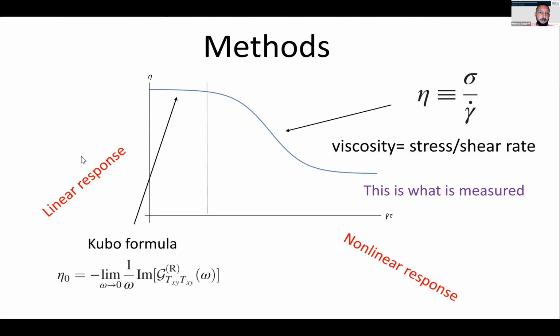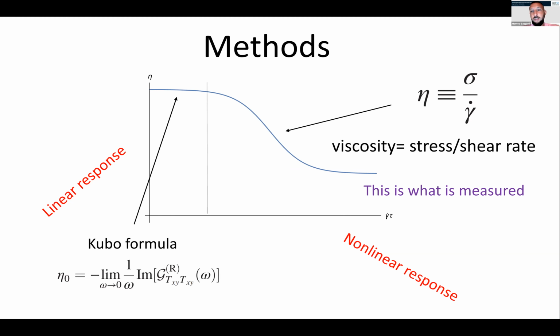So in the linear response, of course, that hydrodynamic formula that I wrote is valid, and one can write a simple Kubo formula that comes out of the standard procedure, which tells me that I can derive the viscosity. And notice, from now on I will indicate with eta 0 the viscosity in the linear response regime. This Kubo formula comes from the definition of that constitutive relation, and it's what is used all the time to compute the viscosity in the linear response regime, also from holography.